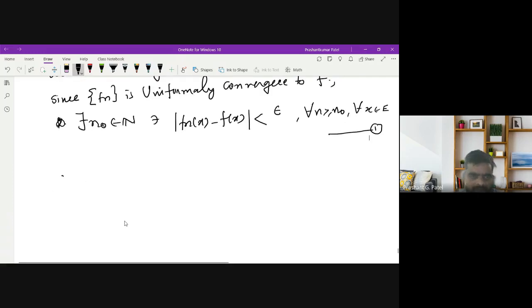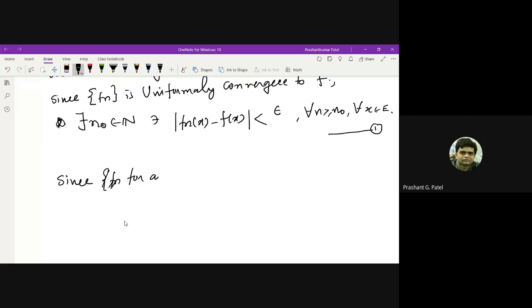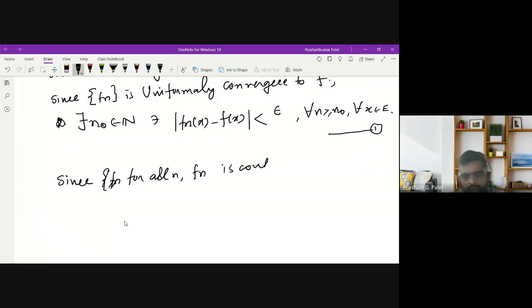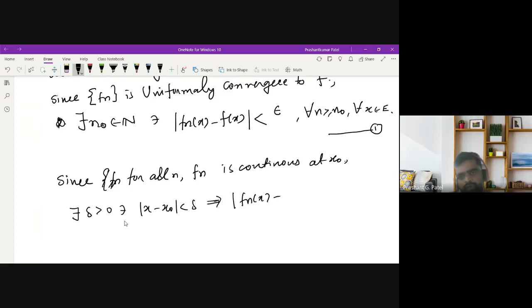Since for all n, fn is continuous at x0, therefore, for the same epsilon, there exists some delta greater than 0 such that mod of x minus x0 less than delta implies mod of fn of x minus fn of x0 is less than epsilon.